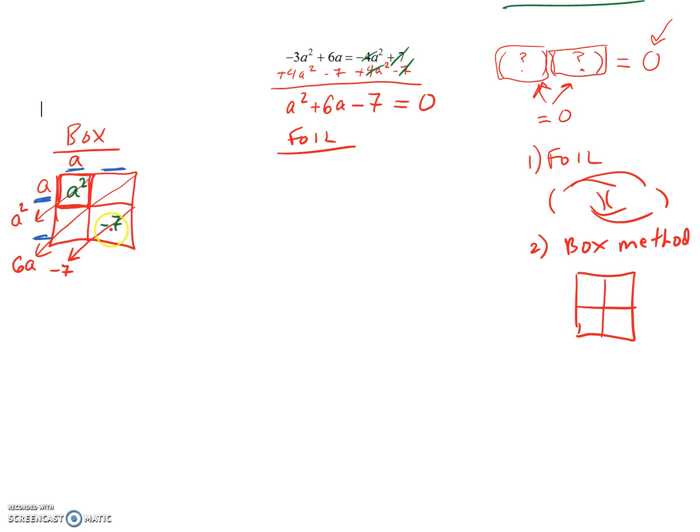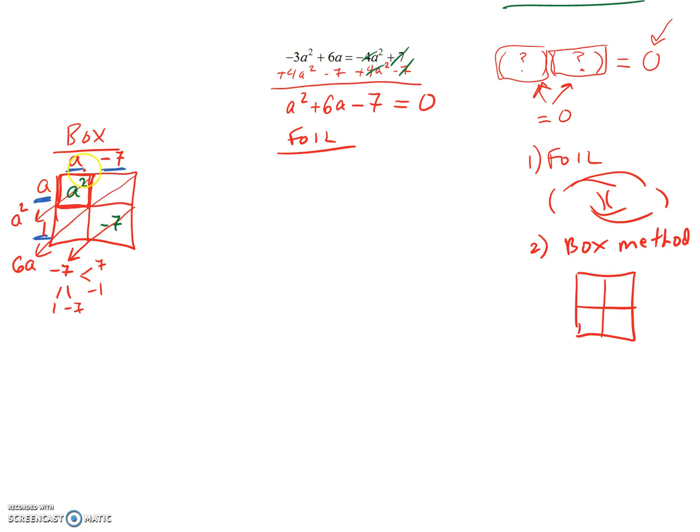If I'm going to multiply 2 numbers together to give you negative 7, that's either going to be positive 1 and negative 7, or it's going to be negative 1 and positive 7. Okay? So I'm going to just try one of them. Okay, if I didn't know ahead of time, I was like, I have 2 options, I'm going to try something. I'm just going to pick the first one I thought of. 1 and negative 7.